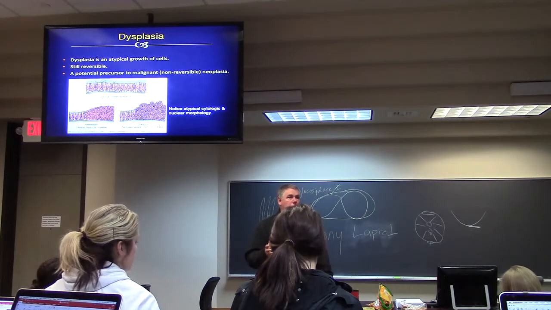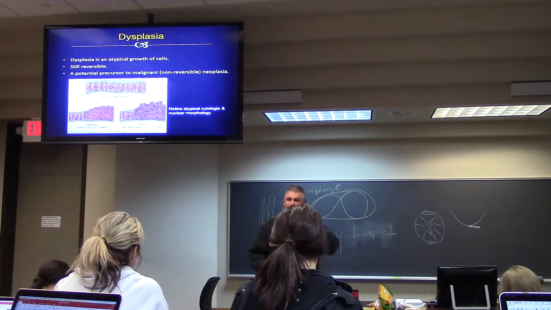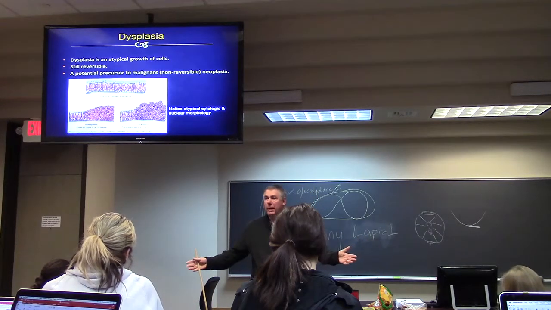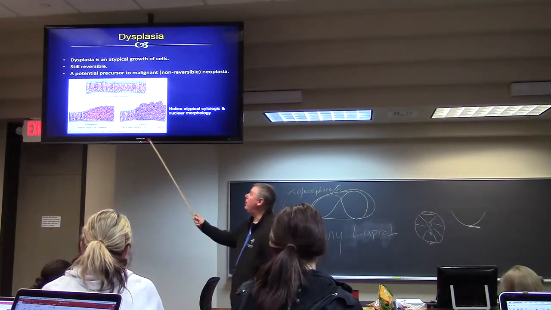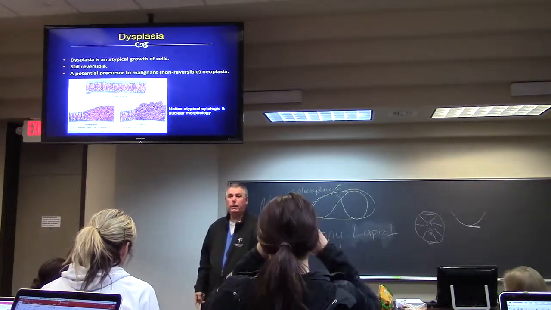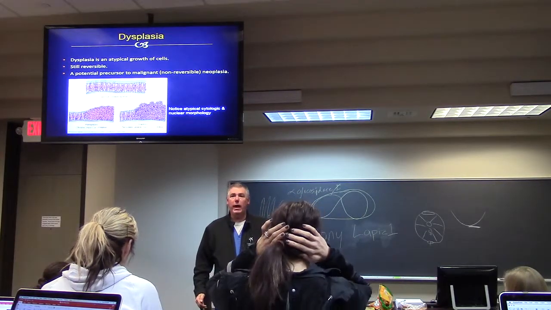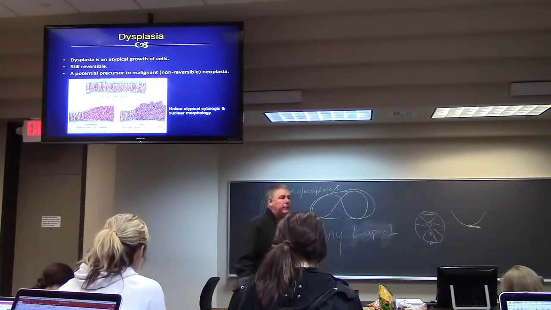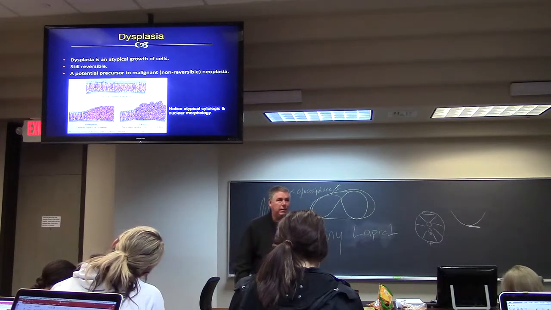But it turns out that if you wait, most abnormal pap smears, at least the minimally abnormal ones, will go back to normal by themselves in 6 months without doing anything. So you can recover from dysplasia. Some people don't, and it will progress to cervical cancer. One of the triggers for dysplasia, obviously in the cervix, is infection with human papillomavirus, HPV.